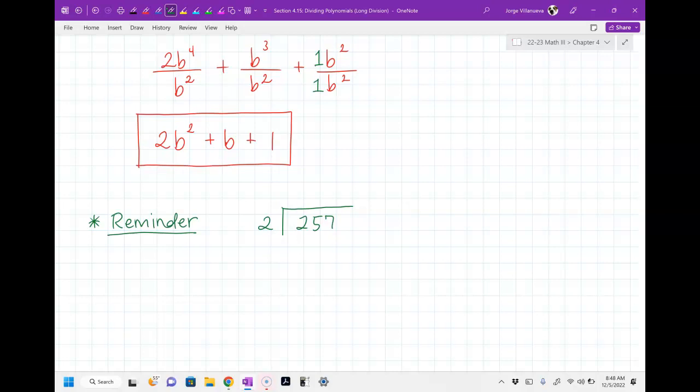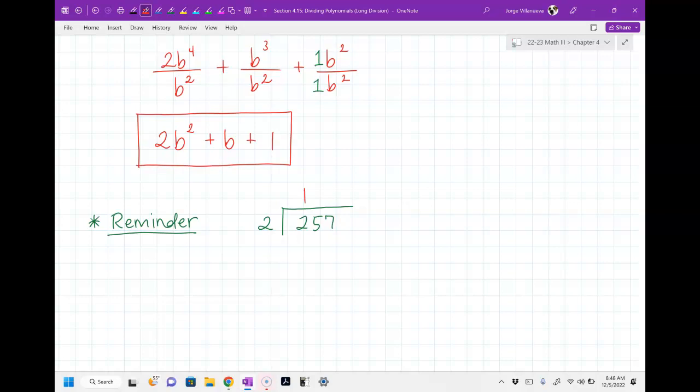We're going way back, but I just want you to understand the process that you did, and you're going to do the same process in this portion of algebra. So what you would normally do is ask yourself, how many times does 2 go into 2? You'd say, oh, that goes in 1, right? And then what would you do with that 1?